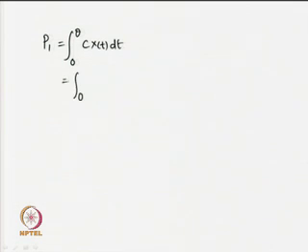Then P1 is given by the expression integral from 0 to theta of c x(t) dt, which is again written as the integral from 0 to theta of c times e to the power a t x(t0), and in this case t0 equal to 0.